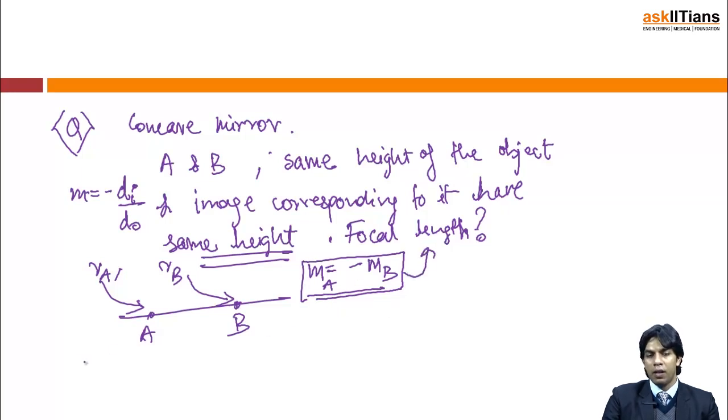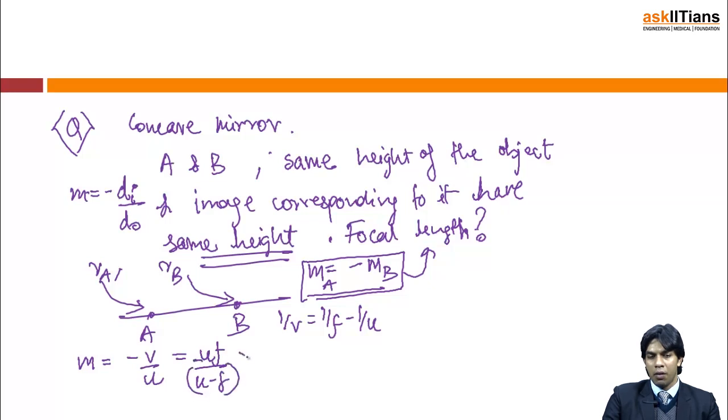Now we know that the magnification at any particular point is given by minus V by U. We also know that 1 by V is equal to 1 by F minus 1 by U, or V is equal to UF by U minus F. Multiplied by 1 by U, this gives me F by U minus F. This is my magnification at point A, which is equal to minus the magnification at point B. Now RA and RB are given.